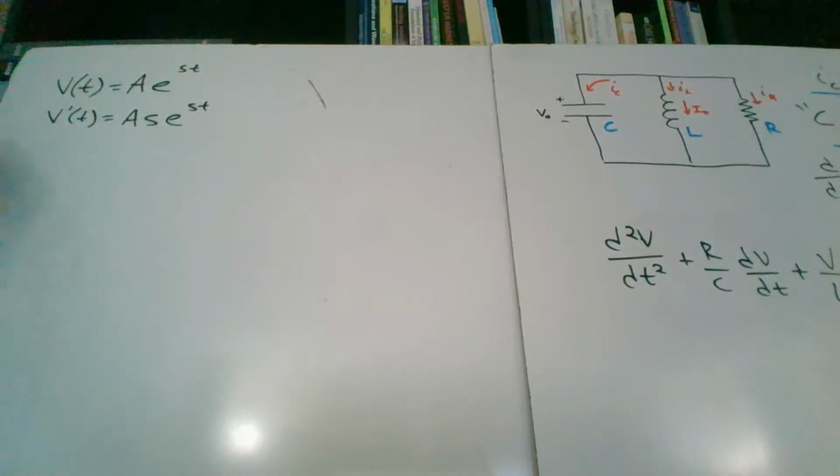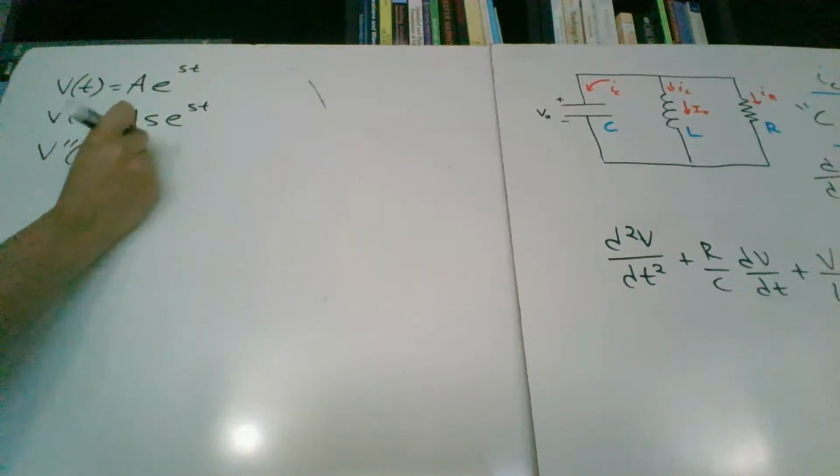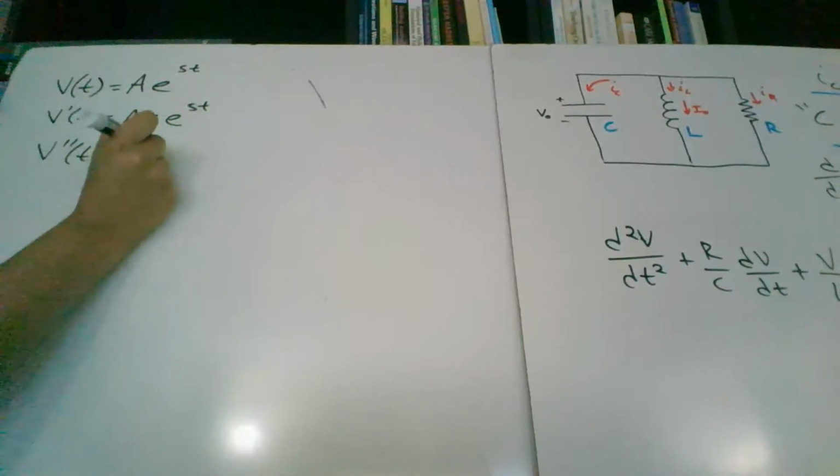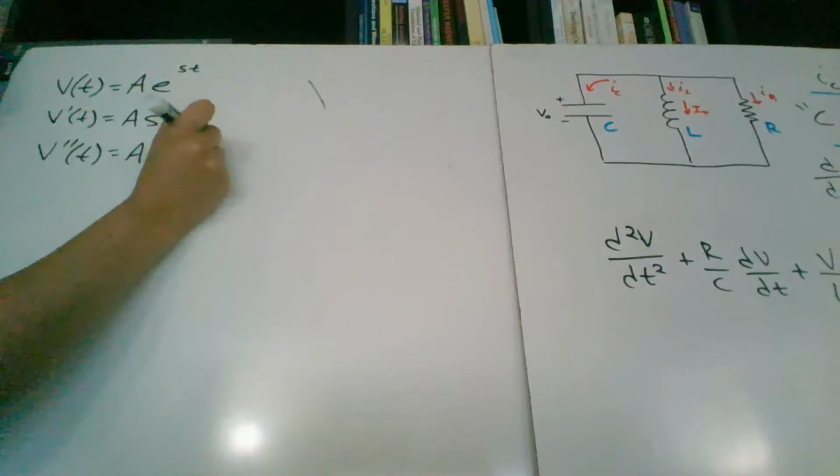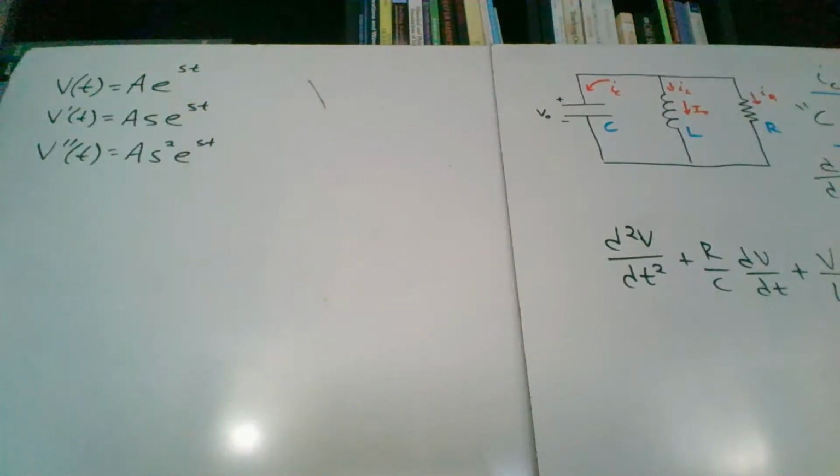Then the second derivative, v double prime of t, is going to equal A, and then you bring another s out, and that's going to become s squared e to the power st. All right? So those are my function, derivative, and second derivative.